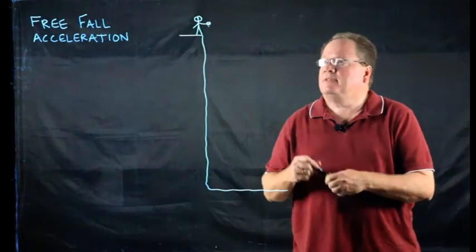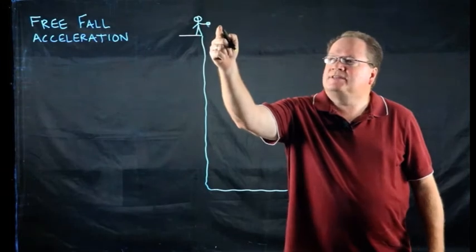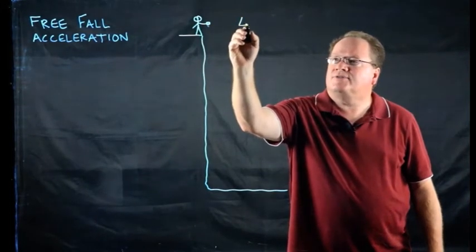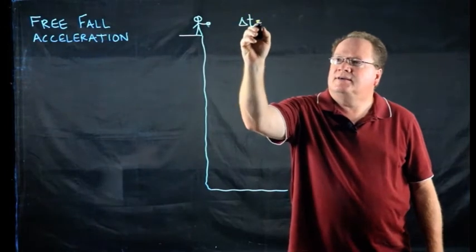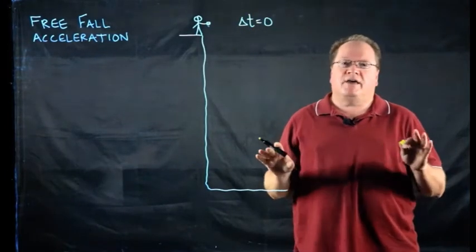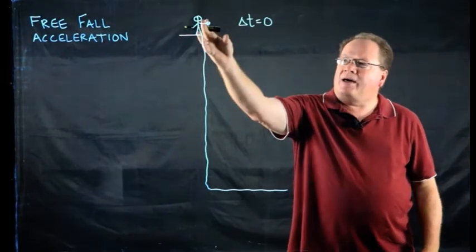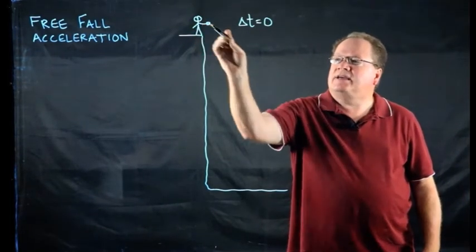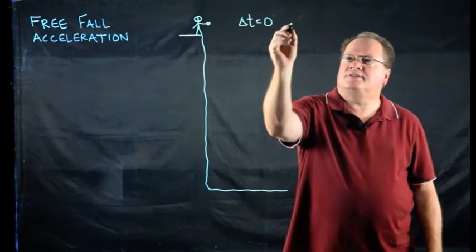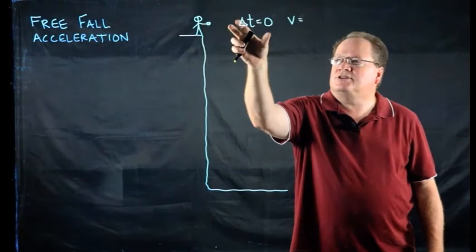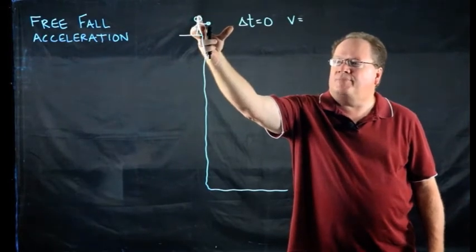All right? So what I would say, the moment we release this rock, our delta t is 0. No time has passed. It's the moment that we drop it. Well, if I'm dropping it, it was essentially at rest when I let it go. And so what would you say your velocity is at this location, time 0, the moment I drop the rock?